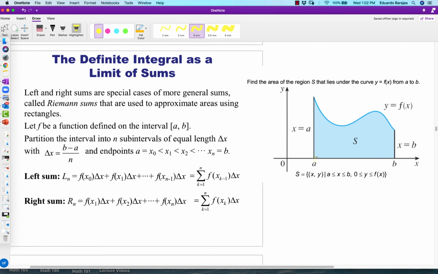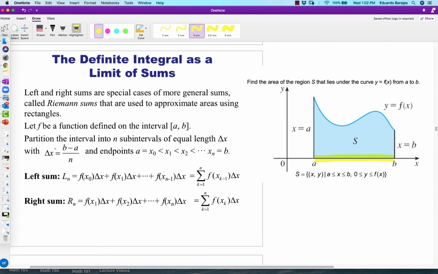This interval here from a to b, we're going to find a partition. We're going to break it up into n subintervals so that each one of those subintervals becomes the base of a rectangle that we're going to draw. In order to properly break up that space, we need to think about how thick the base of each rectangle is going to be.